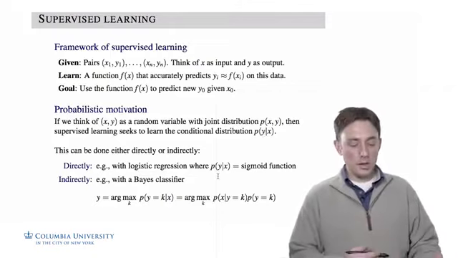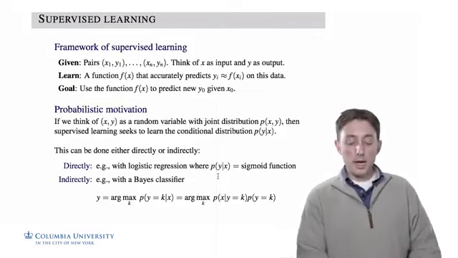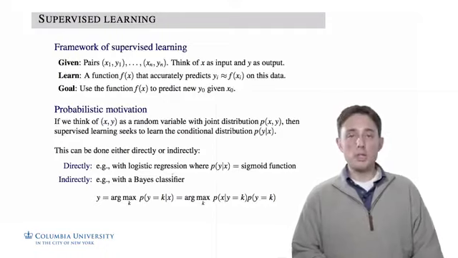And we saw how this could be done directly or indirectly. Directly was where we directly define this conditional distribution on the label or the output given an input, for example, with the logistic regression.